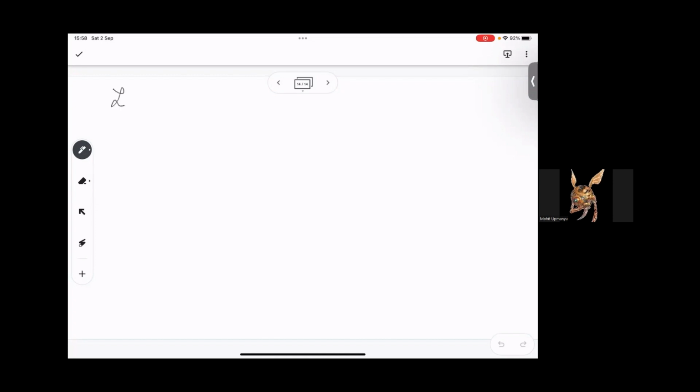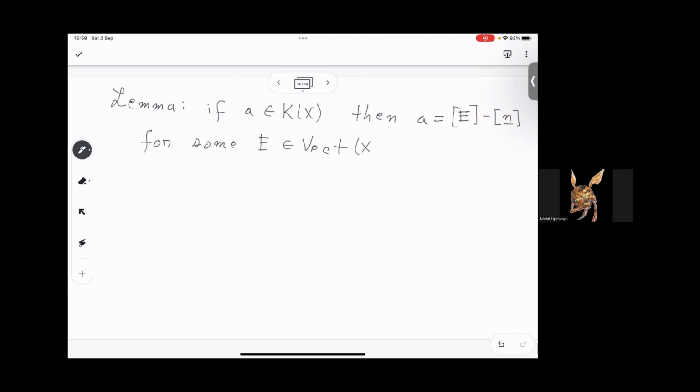So now let's do a lemma. If A belongs to K(X), then A is equal to the class of E minus the class of a trivial bundle, for some E in Vect(X).